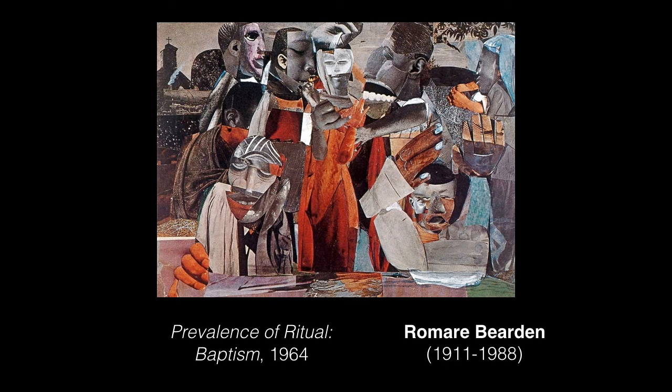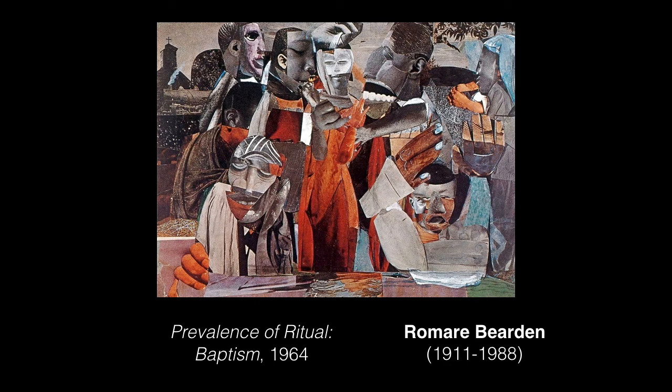For Romare Bearden, the African American experience was really a collage, a kind of jumble, a fusion of pieces, like the scraps made in a Gee's Bend quilt. It's kind of coming together in a lot of different ways.